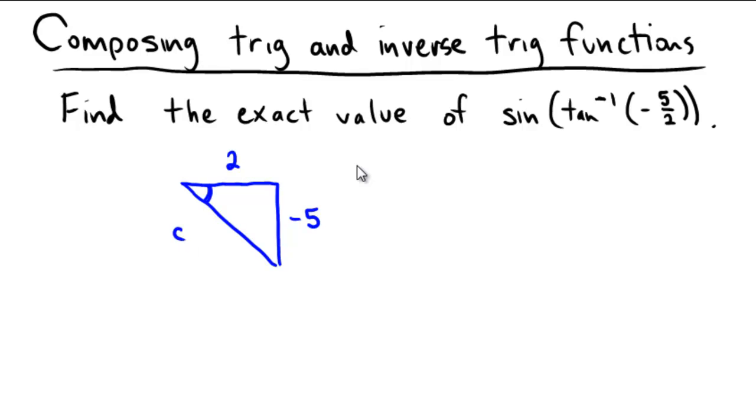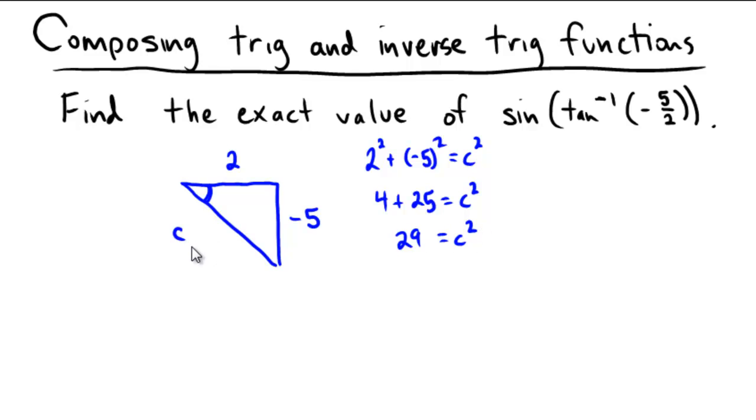So how would we do that? We'd have 2 squared plus negative 5 squared is equal to c squared. So 4 plus 25 is equal to c squared, and therefore 29 is equal to c squared, and c must therefore be the square root of 29.